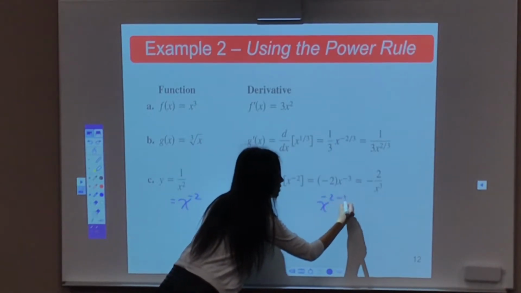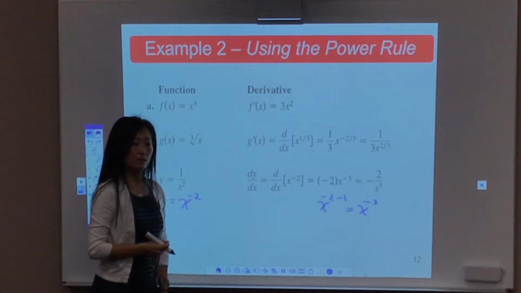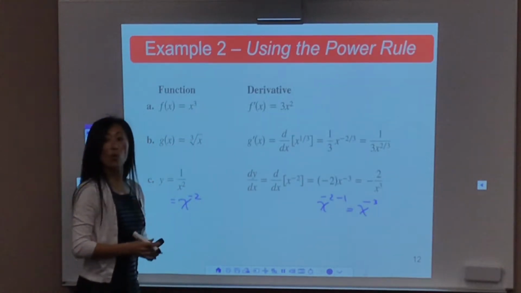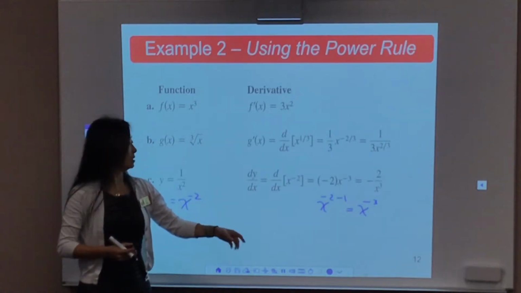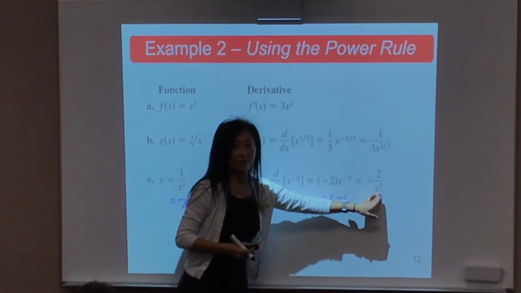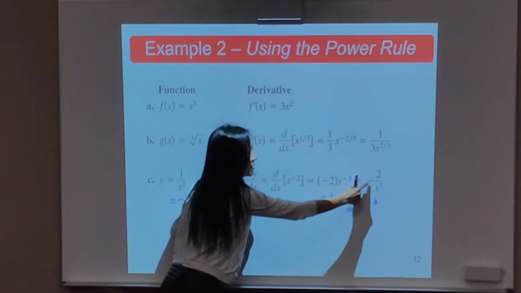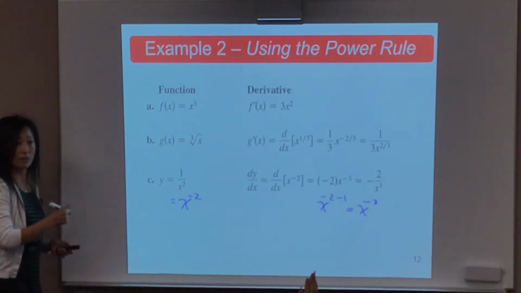And negative 2, 1 less power, what do you have? Negative 3. Are you with me, class? When you have a negative power, you get a what? More negative power. So since it's a negative power, what do you have to put? In the denominator. Does everybody see where this negative came from? That negative 2. Is everybody with me now? So far, so good? Yes.